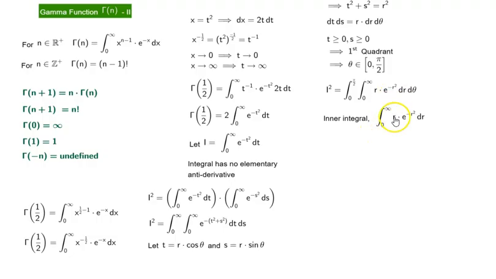So integral from 0 to infinity of r times e to the power of minus r square dr. So again we carry out substitution. U is equal to r square, which implies du is equal to 2r dr. But we want r dr. So r dr is equal to du by 2.